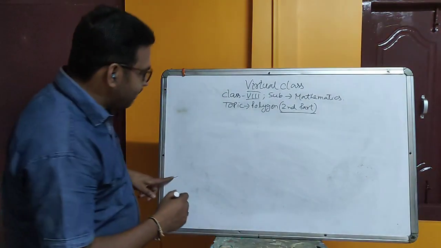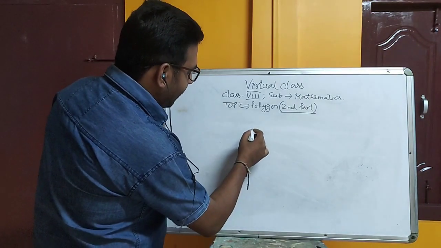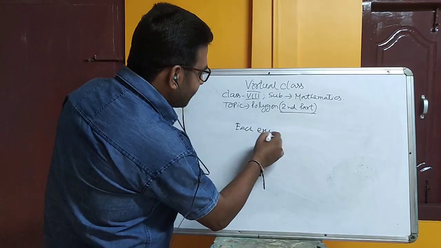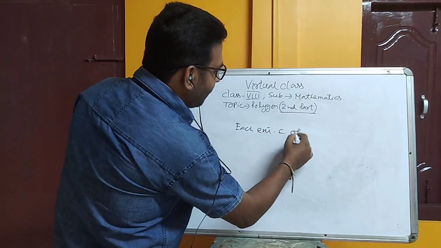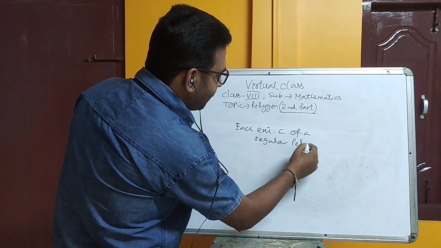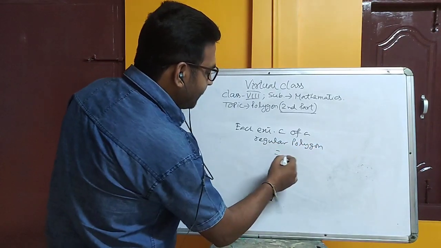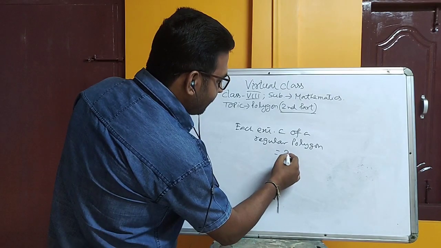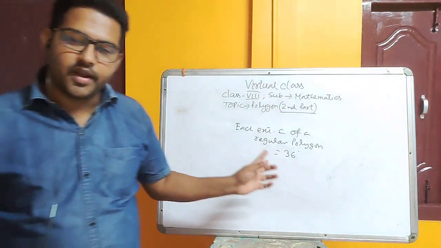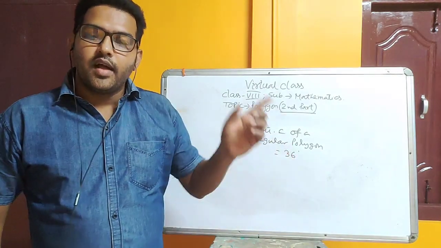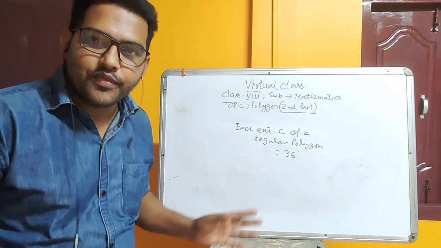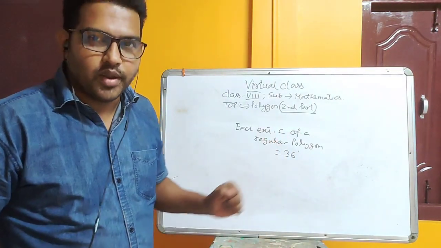Suppose each exterior angle of a regular polygon is given as, let it be 36 degree. The measure of each exterior angle is given. Then the question is there, you find the number of sides of the polygon.